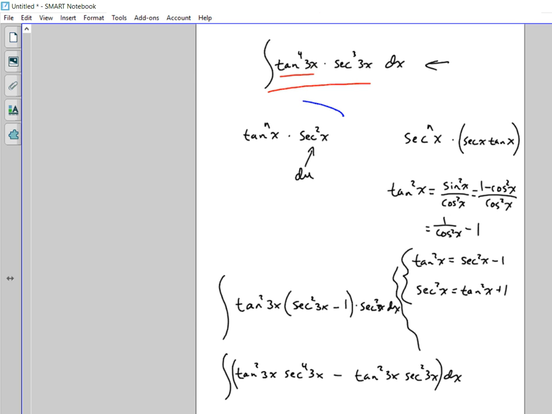Well, if we look carefully, that is the form, right? Now, that's one integral that we can just push away and deal with, okay?